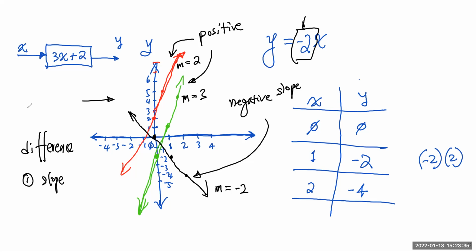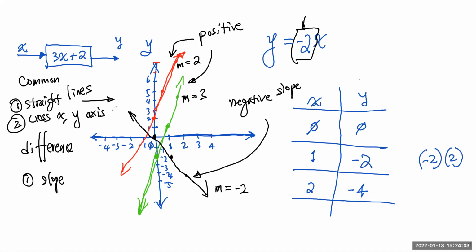We also see what's common: they are all straight lines, right? Another thing in common is that they're going to cross the axes, no matter what. But where they cross is different.